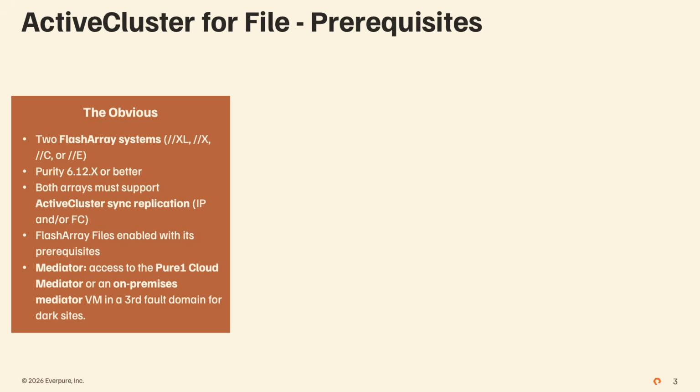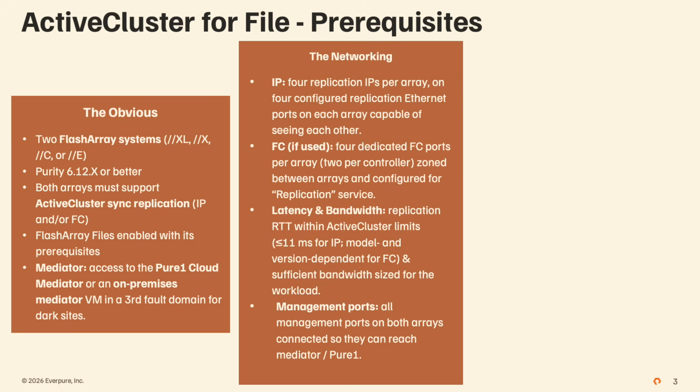Now, the Mediator, you can either host it in Pure One, or if you have a dark site or it's just not something you would do, you can host the Mediator virtual machine in your data center itself. The networking, well, from an IP perspective, 4 replication IPs are required per array, and the ports on the array have to be capable of seeing each other. So the primary's got to see all the same 4 ports on the secondary one.